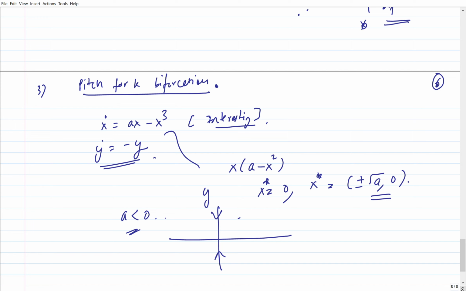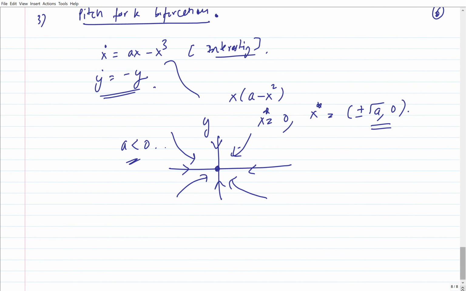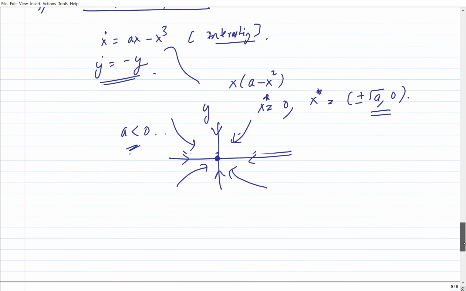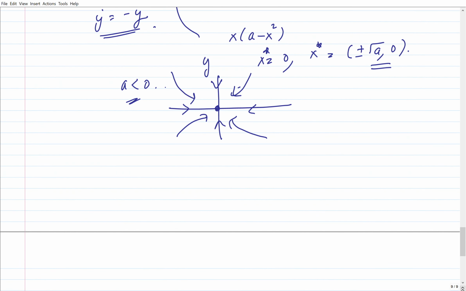This was the y direction and this is the x direction. And really, all the trajectories, everyone's happy. Everything is coming to the fixed point at x0, y0. So what's happening in the spectrum of the Jacobian? If I calculate, the Jacobian comes out to be a, 0, 0, minus 1 at x equals 0.